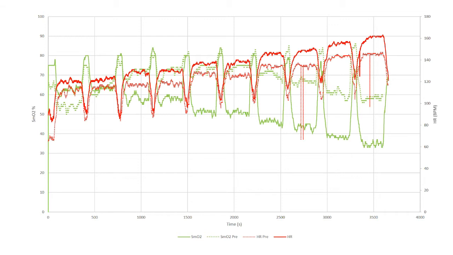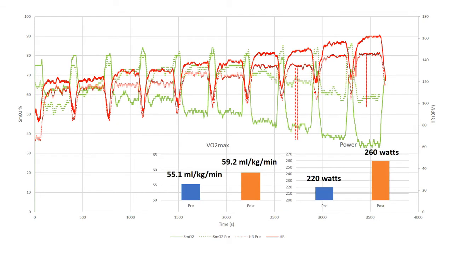So if I look at this data, I would assume that VO2 is going to be higher. Better arteriovenous difference, more oxygen extraction and utilization when we look at SmO2. Heart rate's higher. I would assume a higher cardiac output, even though I don't know stroke volume. I want to take a look at what the data actually is. And we see that VO2 went up to 59.2, which is about a 10% increase.